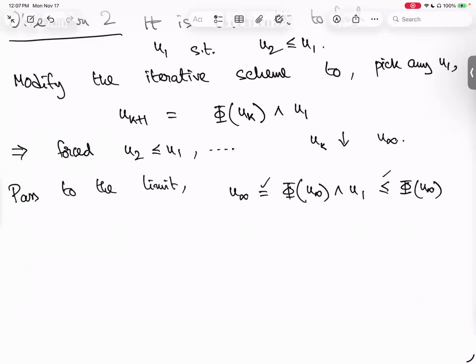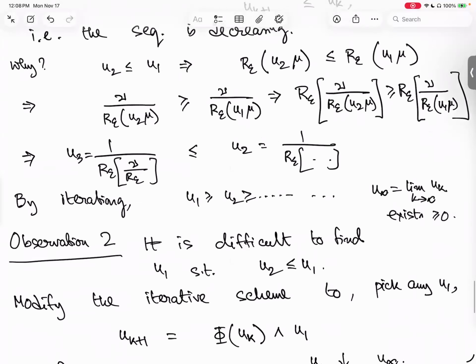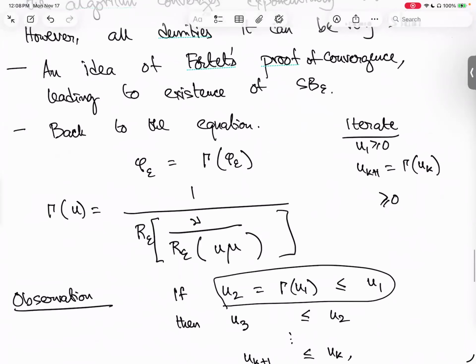The next observation is the following. This is actually an important observation. For any function u, if I look at phi of u, sorry, I've somehow changed my notation to phi because of my notes.